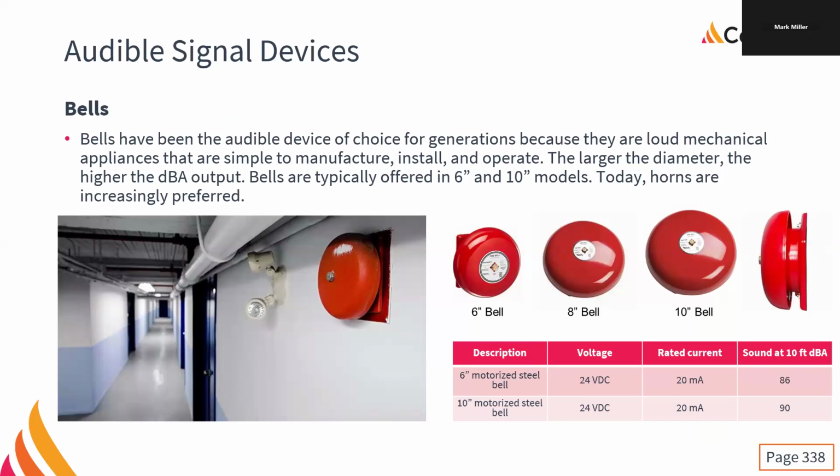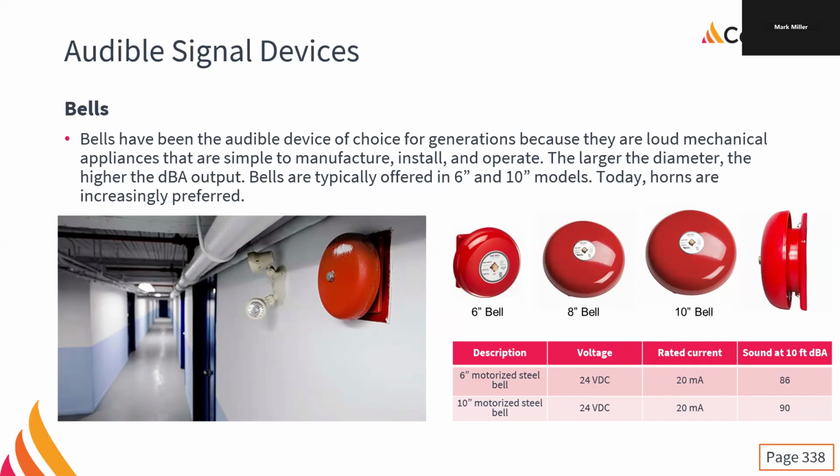Bells. Yeah, bells have been the go-to forever. They still are popular, but they are dropping in popularity, mostly because you can't get combination bell strobes, right? So now you're installing more devices, so there's an added cost.